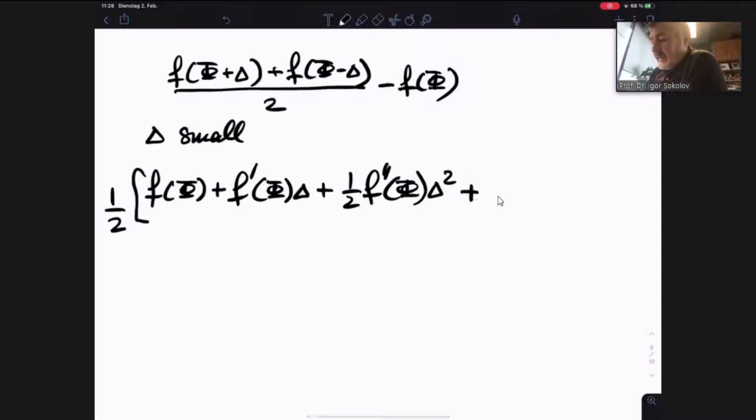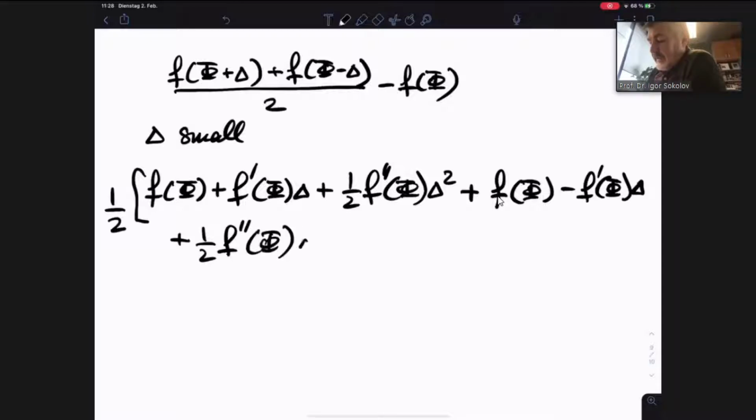Now the second term starts, plus f of phi minus f prime of phi delta plus 1/2 f double prime of phi delta squared plus blah, blah, blah, and then minus f of phi.